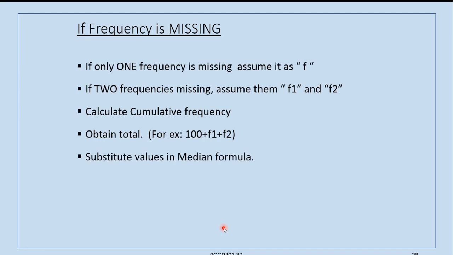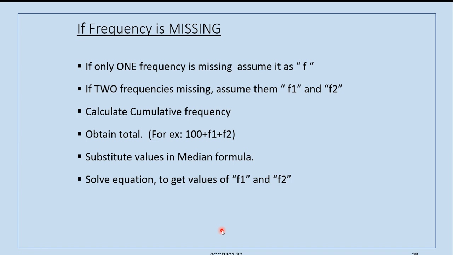Now we will look into another aspect, the last concept of this lesson, that is when frequency is missing. So till now we have seen less than cumulative frequency and more than cumulative frequency, how to convert the class interval and how to convert the frequency given and how to solve the problem.